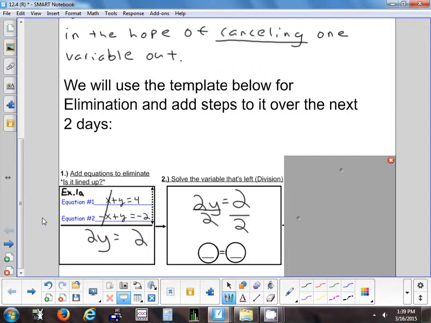That's where I'm going to put my letter, and sometimes it might be flipped around. But for the most part, like we've done all year, your letter is going to be on the left and your number is going to be on the right. So y equals 1.